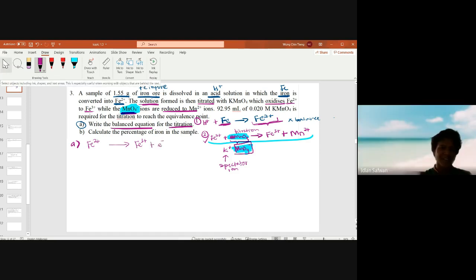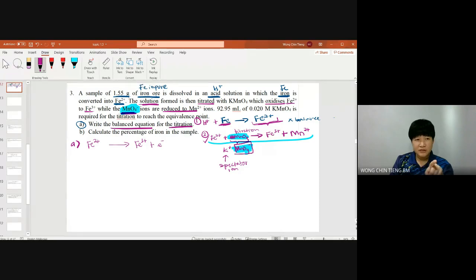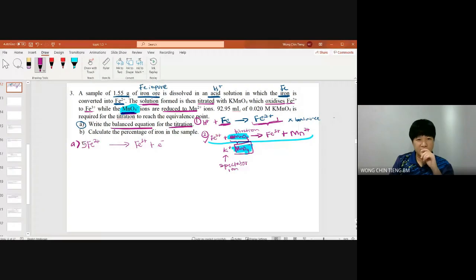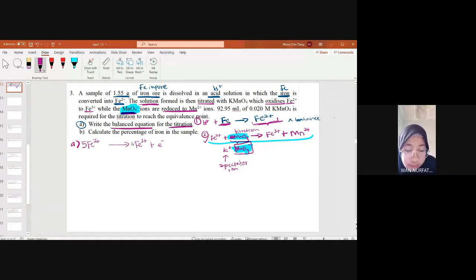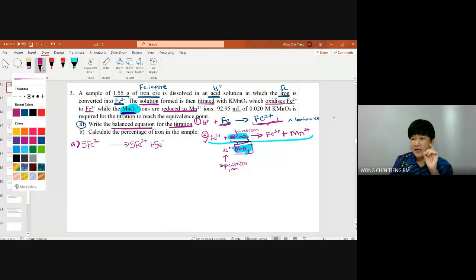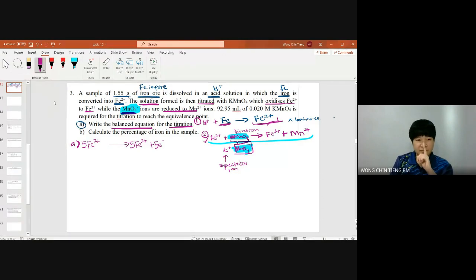Betul ke jawapan kamu? 5 Fe2+ anak panah 5 Fe3+ 5e. Alright. Belum jawapan akhir, so tak ada fasa. Saya still okay lagi lah. Saya still tutup mata kat sini. And then, Aiman Saad. Another half.